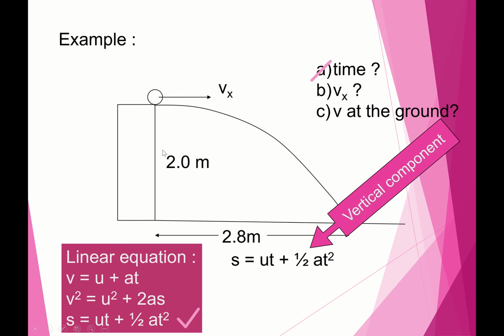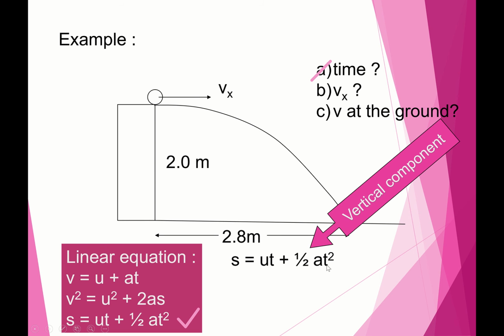So for the vertical component we have s of 2.0 meters. The u is the initial velocity, which for the vertical component is 0 at the peak. The a is positive 9.81, because the motion is going down, the same direction as g.